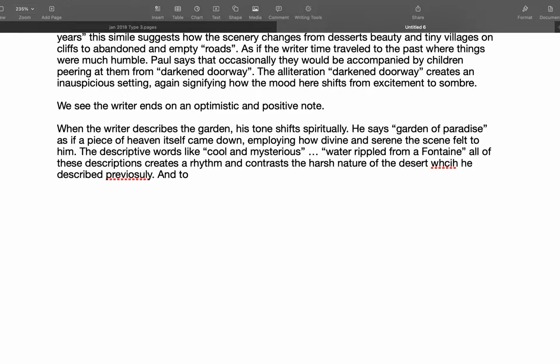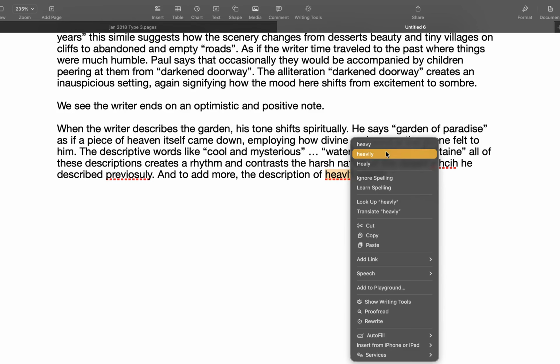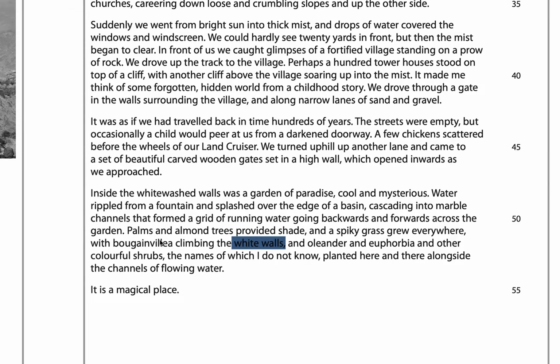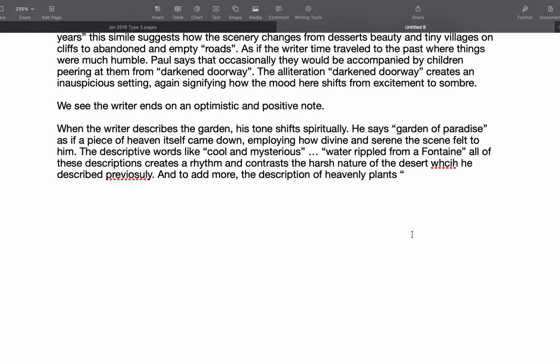And to add more, the description of heavenly plants. You can say that, heavenly plants. I'm going to copy this whole thing because I don't know how to pronounce them.